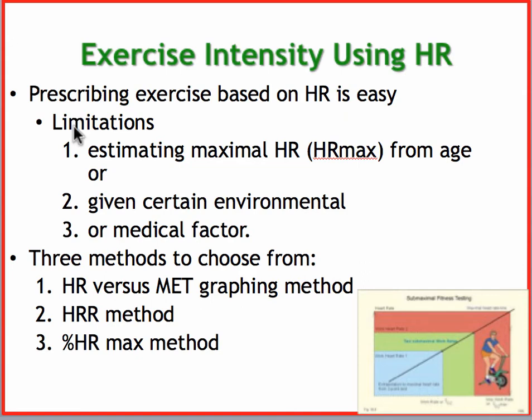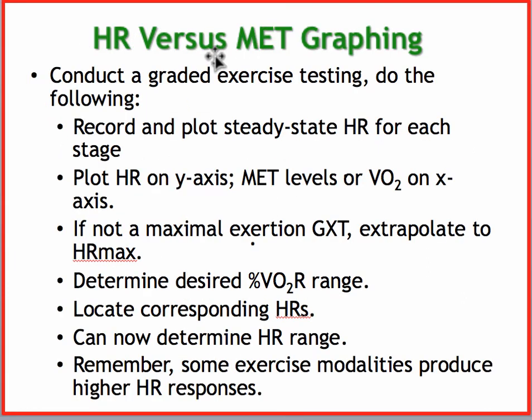But if you decide that you'd like to use heart rate to monitor exercise intensity, there are several different methods. These are 3 of the most common methods, and we'll talk about those. If you have the results of a cardiorespiratory fitness test, a graded exercise test, you can record and plot the steady state heart rate at each different workload stage.